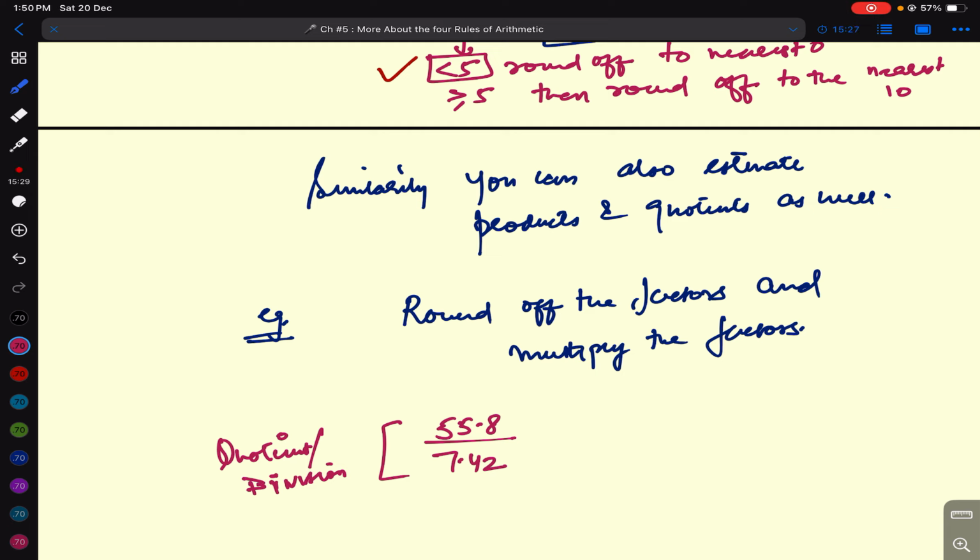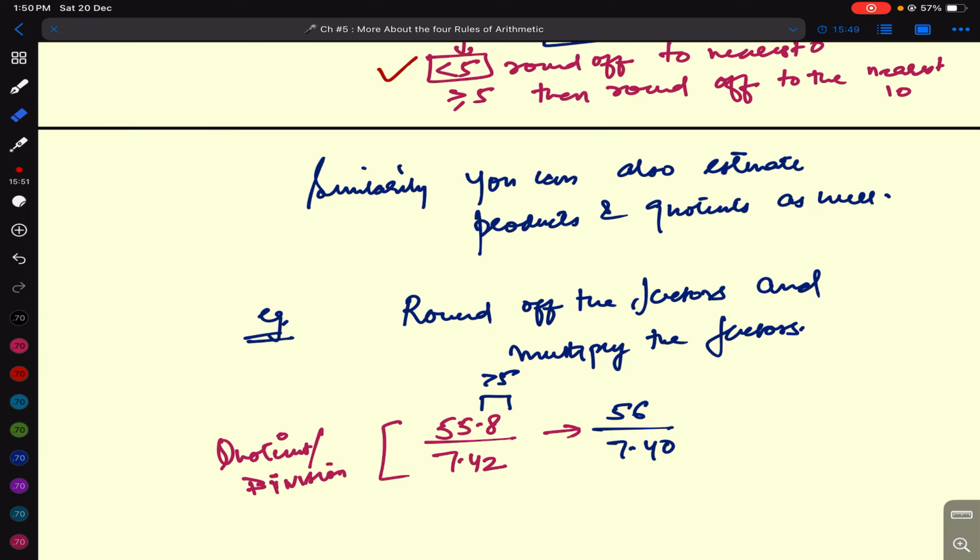Correct? So now here, if you see the last digit, this is greater than 5, so this will be rounded off to 56. And here the last digit is less than 5, so this will be rounded off to 0. Now in the denominator we also see that we have two decimal places, so you can take them together as well.